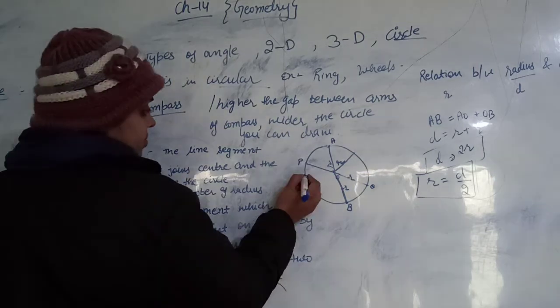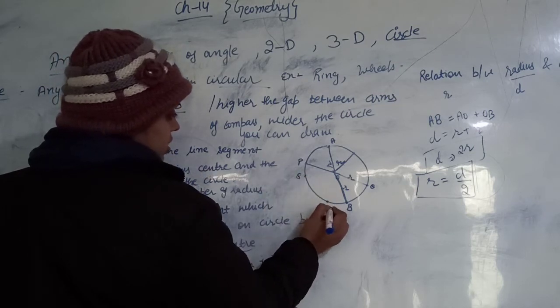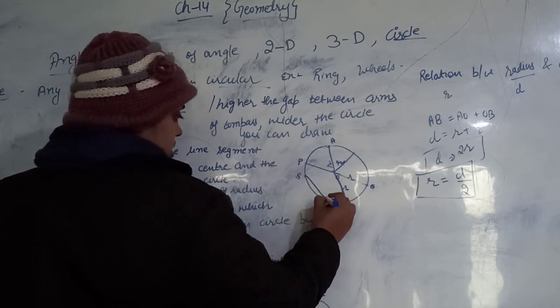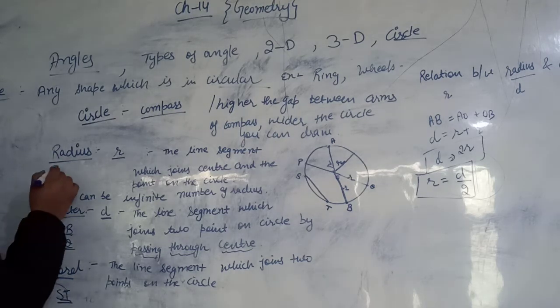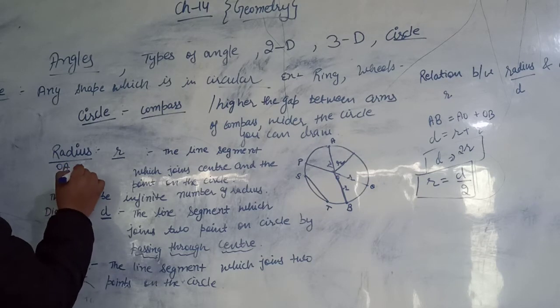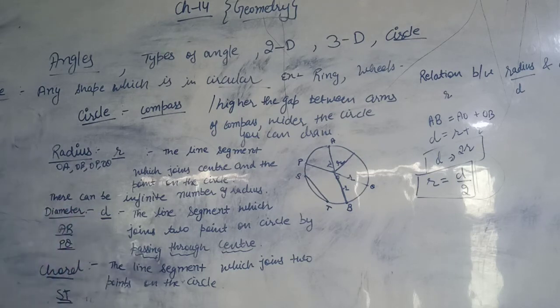Like here, ST. This is known as chord. See, I have mentioned here AB, ST, and here you can say OA, OB, OP, OQ, all are radius.